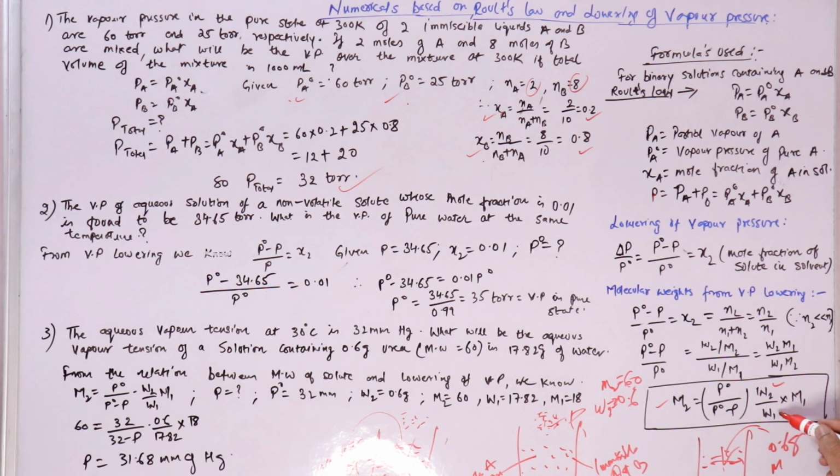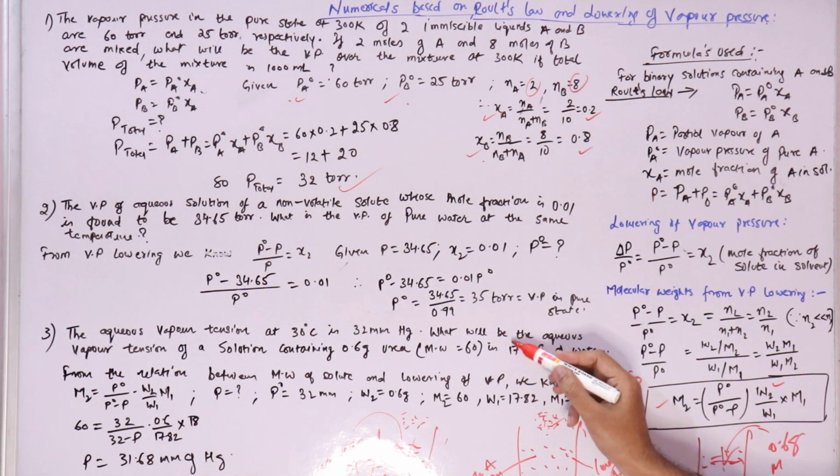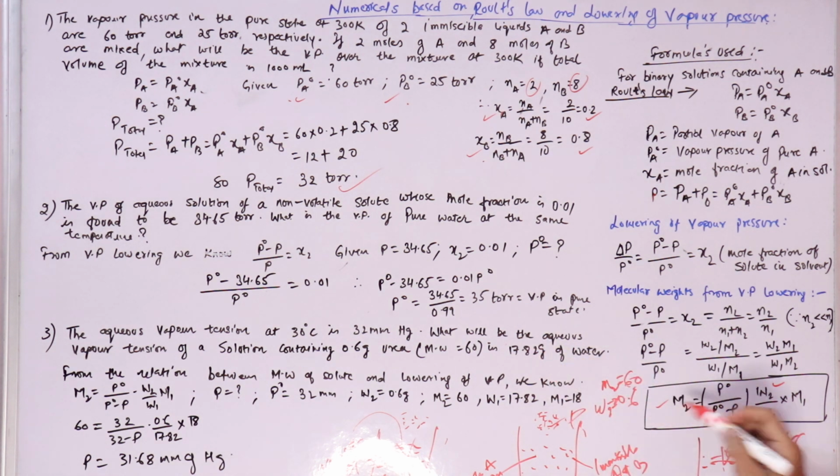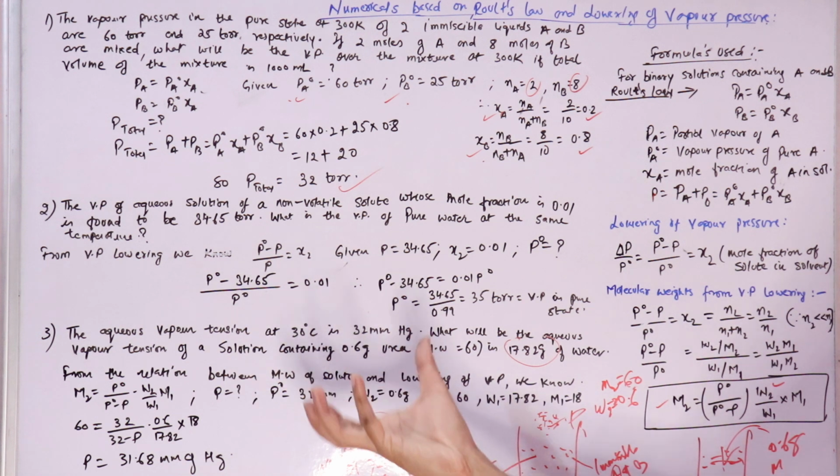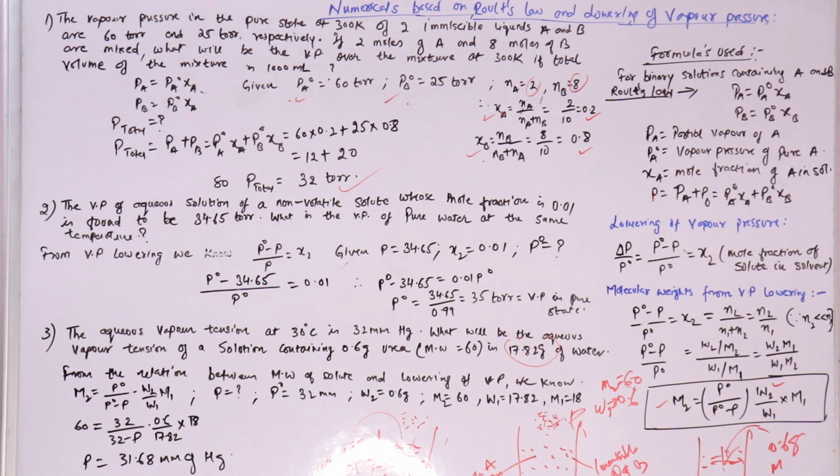And we need now W1 and M1. W1 is this 17.82 gram of water. This is W1, right? And now what is M1? M1 is molecular weight of solvent, and we know solvent here is water, since it's talking about the solution of water. Urea is added to water, so molecular weight of water is 18, we know that, right?